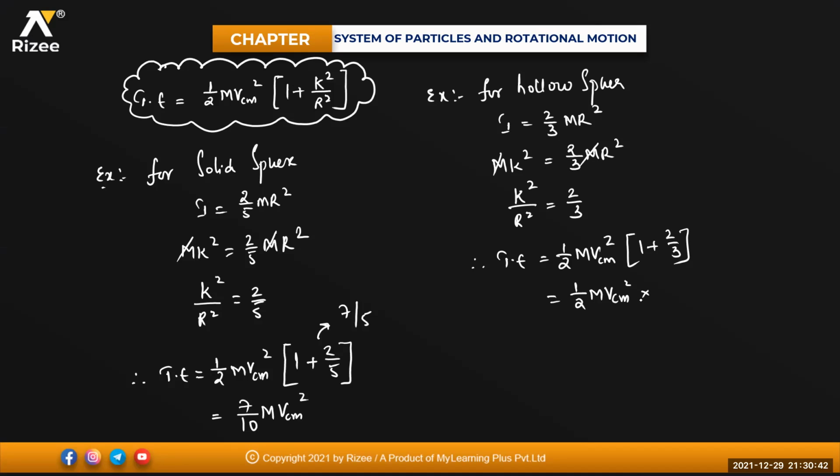What is the value of 1 plus 2 by 3? Someone give me the answer in the chat box. Varika, how much is 1 plus 2 by 3? 5 by 3. Yes, sir. So 5 by 3 into half.